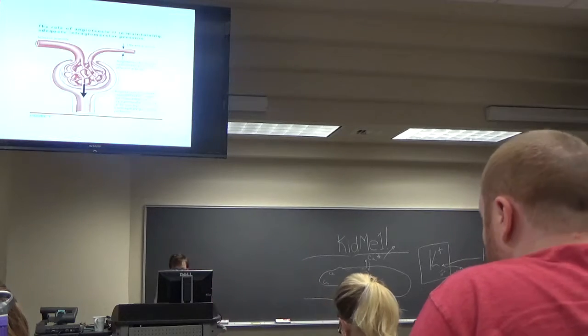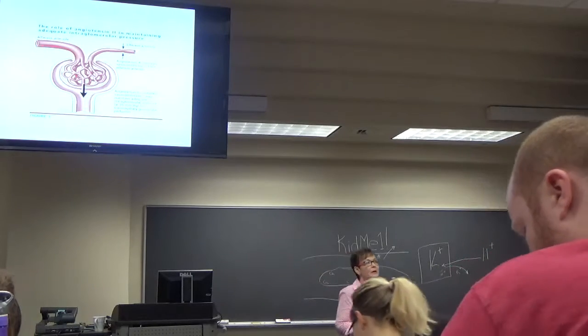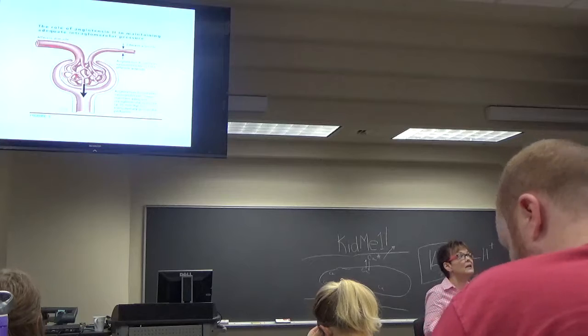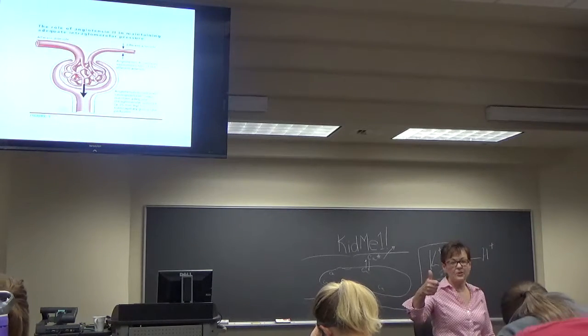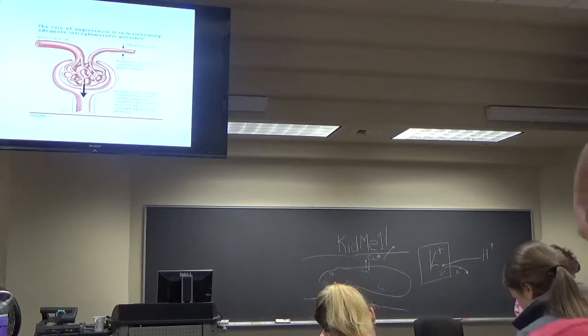You have some pictures in your handout. This one is in there. Again, going back to looking at the role of angiotensin 2 in maintaining glomerular pressure, keeps the hydrostatic pressure high within the glomerulus, keeps the driving pressure, GFR stays up.